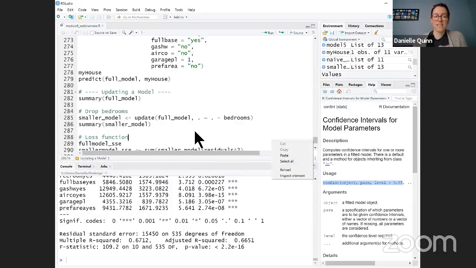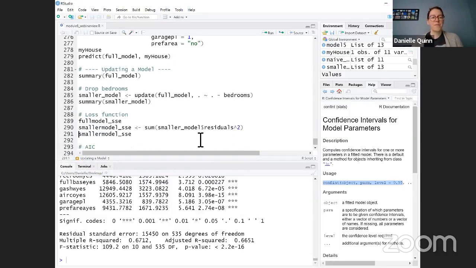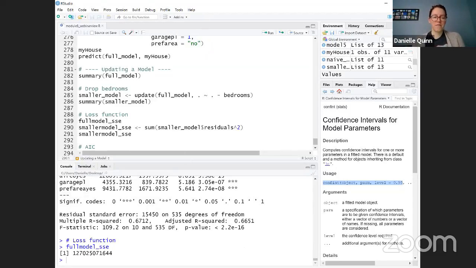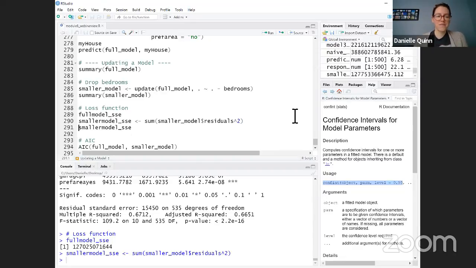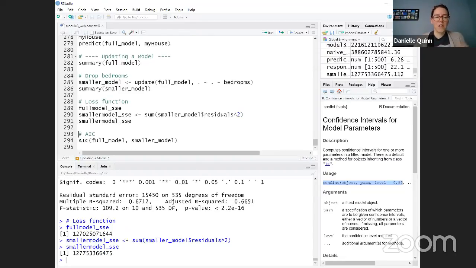Can I defend this? So for example, our full model loss function was this very large number, starts with 127. How does that compare to our smaller model? And our smaller model is actually slightly higher. So maybe we would look at that and say, I don't know, they're pretty close to being the same.